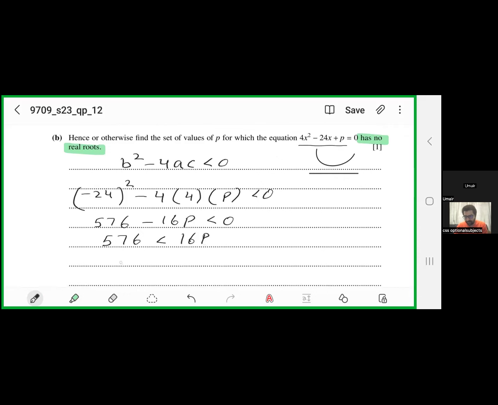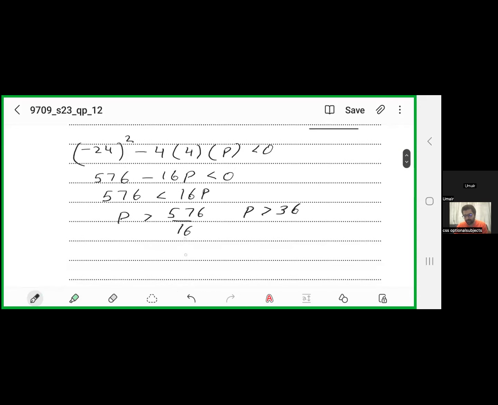Or we can say that p is greater than 576 over 16. So we can say that p is greater than 36. So the values for p will be greater than 36 and the upper value will be infinity. These are the set of values of p.